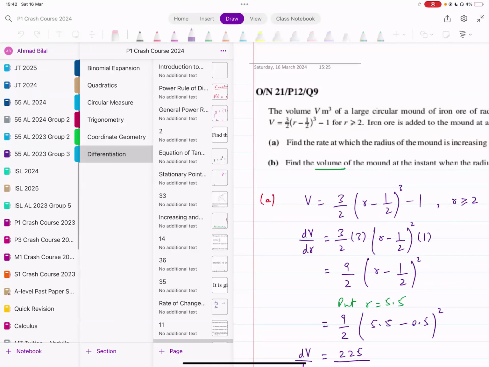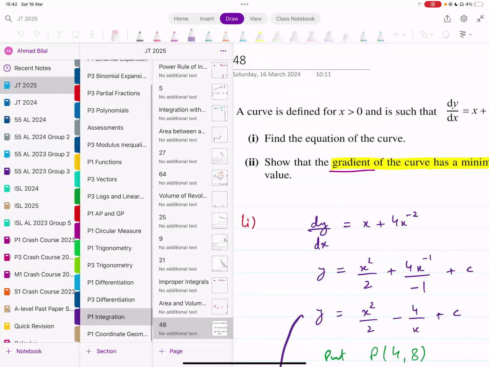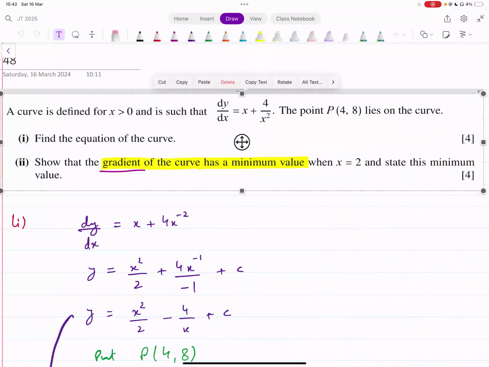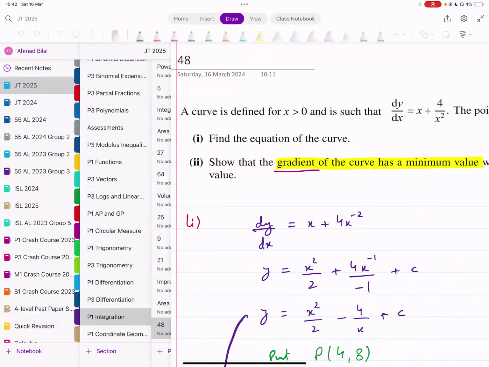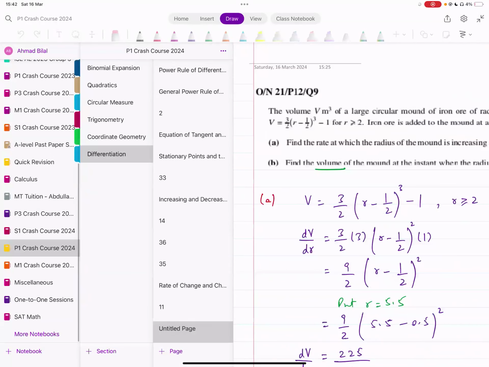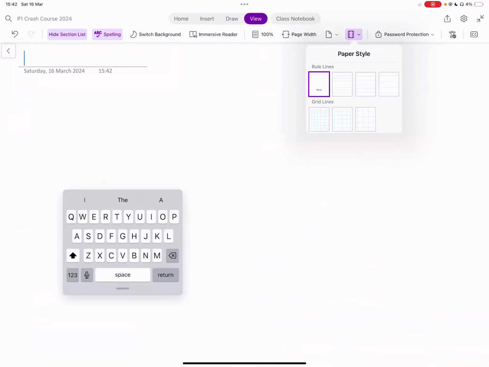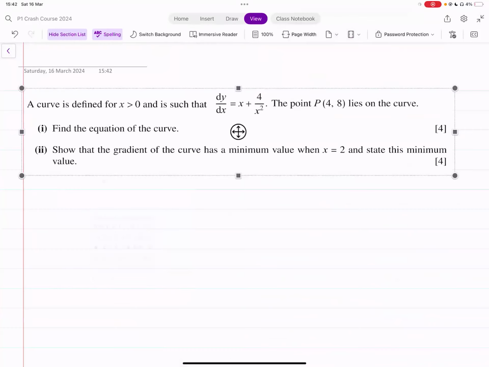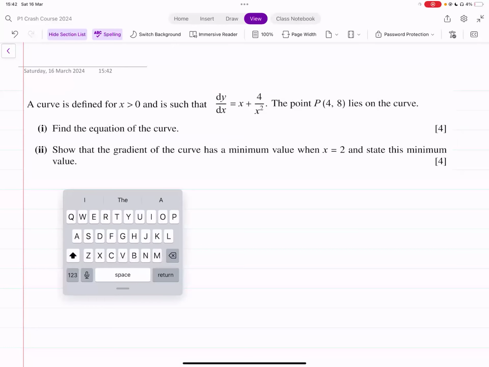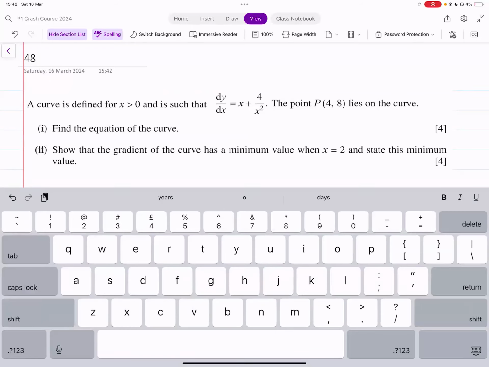Let me see if I can find that here. Along with the questions that are assigned from the worksheet, also try this one question. This is question number 48 from the next worksheet that we'll be working on.